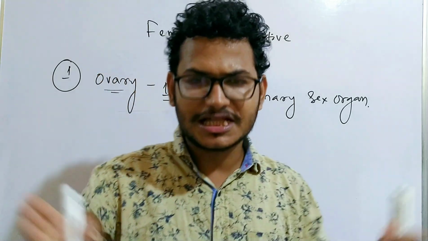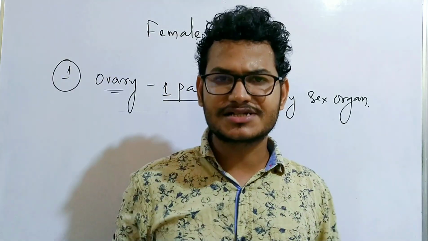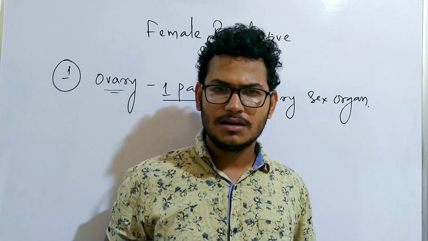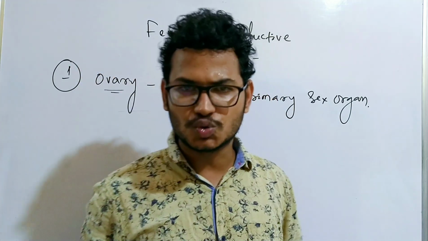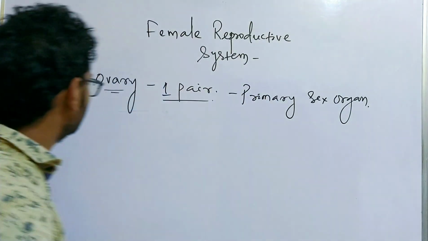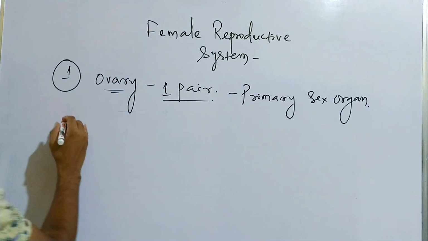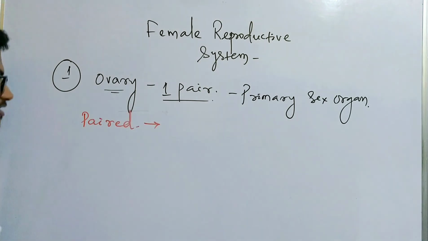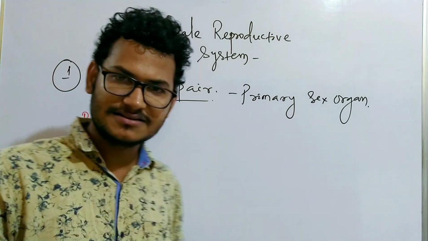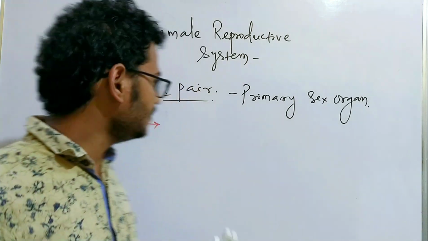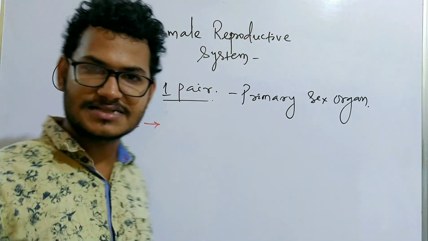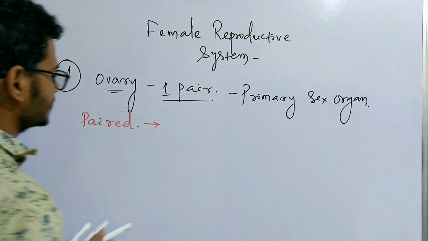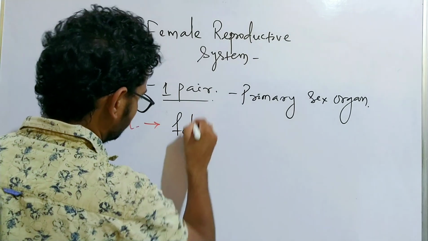Next, the other parts, the supporting structures or the secondary sexual structures of the female, can be divided into two important parts: the paired structures and the unpaired structures. What are the paired structures? The paired structures are the ovary, which we have already discussed, the primary sex organ, and the other paired structure is the fallopian tube.